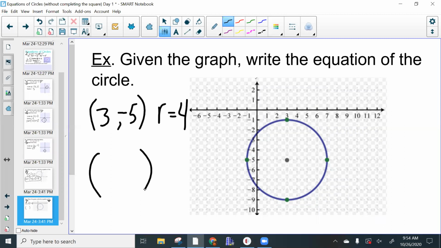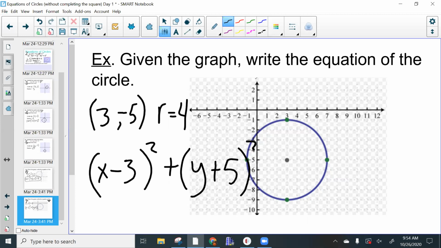Does anyone want to share that, or does anyone know what that would be? Yeah, x minus 3 squared. Yeah, perfect. y plus 5. Yeah, and then someone said equals 16.